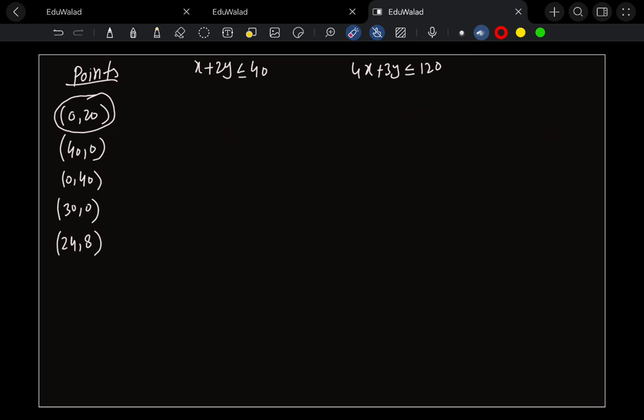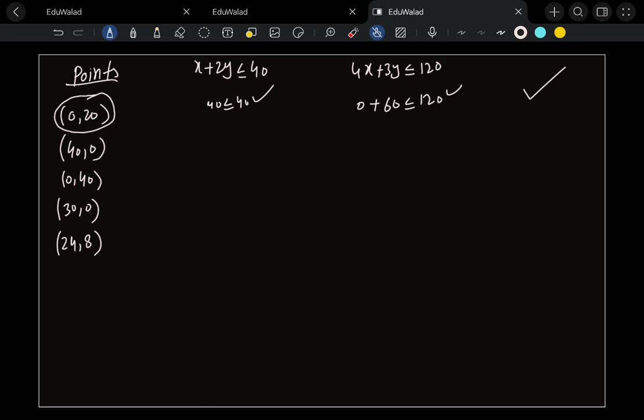Okay, so let's put 0 and 20. So 0 plus 2 into 20 is 40, which is less than or equal to 40, so it's true. Then 4 into 0 plus 20 multiplied by 3 is equal to 60, which is less than or equal to 120. So this is true, this is true, so we will use this point.